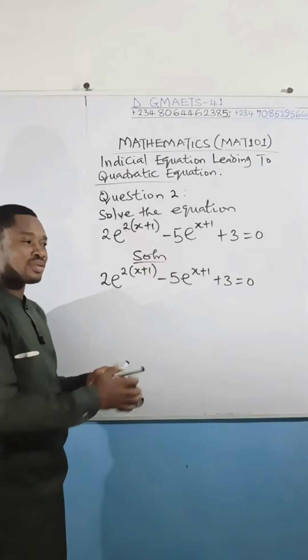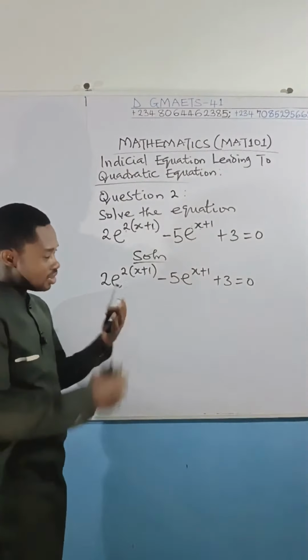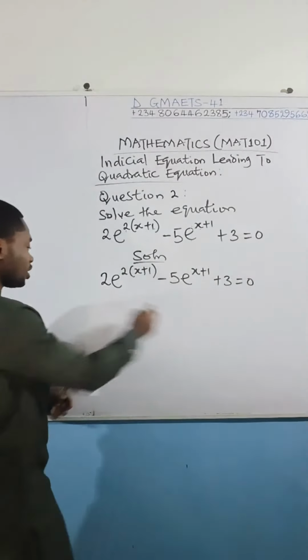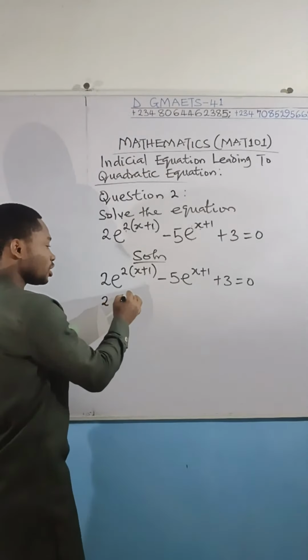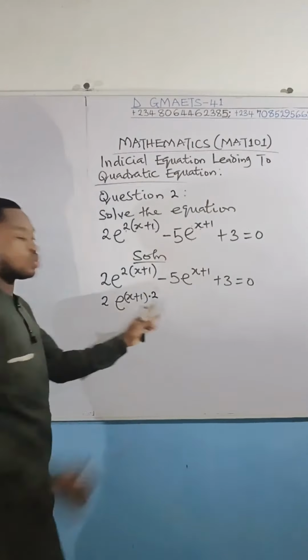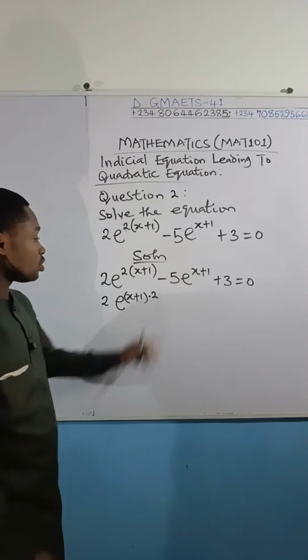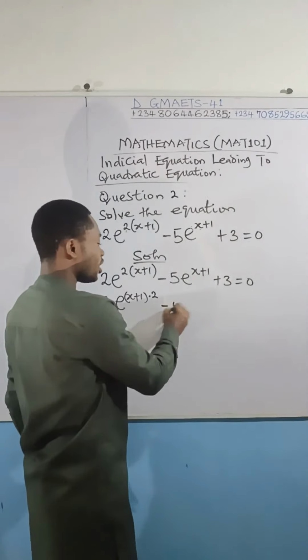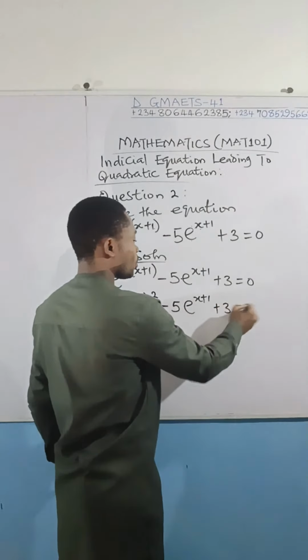And so you now see that it's like the unknown term raised to power 2 in that order. Anyway, let me just proceed. Let's rewrite. This is the same as 2 times exponential x plus 1 and then power 2 here. You following, right? This whole thing, you now have power 2. Then minus 5 exponential x plus 1, then plus 3 equal to 0.